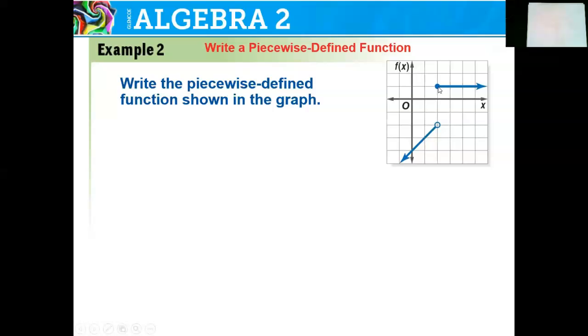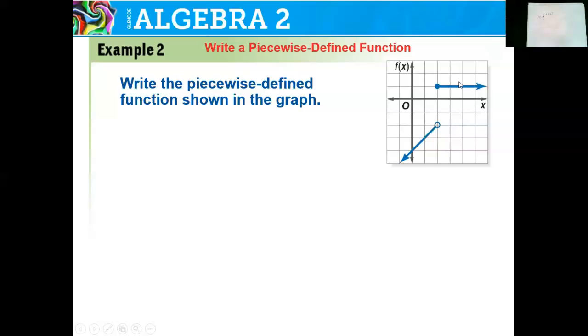So we have a closed dot, and it looks from the graph that f of x is equal to 1 when x is greater than or equal to 2. And that's coming from this top point here. The greater than or equal to is because I have a closed dot here, and the graph stays at 1.